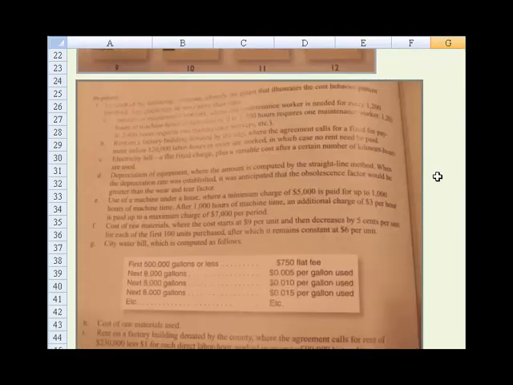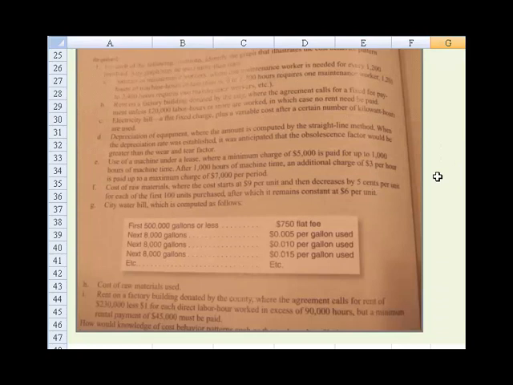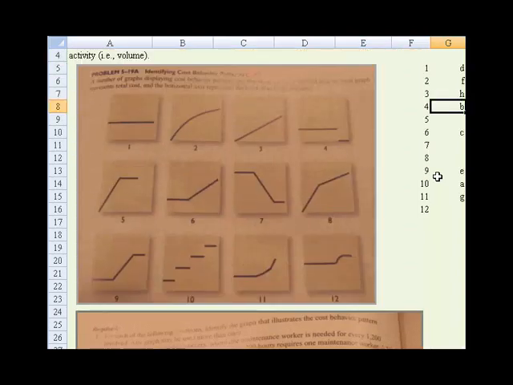Okay, let's cover I. Rent on factory building donated by the county, where the agreement calls for rent of $230,000 less $1 for each direct labor hour worked in excess of 90,000, but a minimum rental payment of $45,000 must be paid. Okay, so we should be looking for a minimal rental payment, right? So where do we start off with a straight line? Right there.